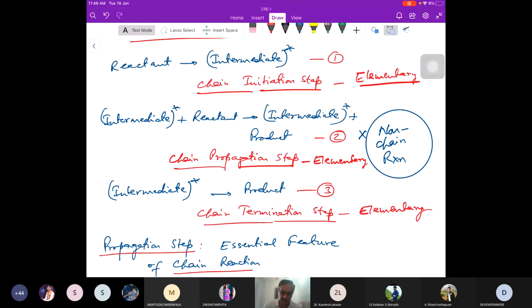So we can directly write rate equations for each of these elementary reactions and then combine them in a way which will give us the overall rate equation. That is why all these steps have to be elementary reactions. If they are non-elementary, then we cannot write the rate equation for each of these steps.